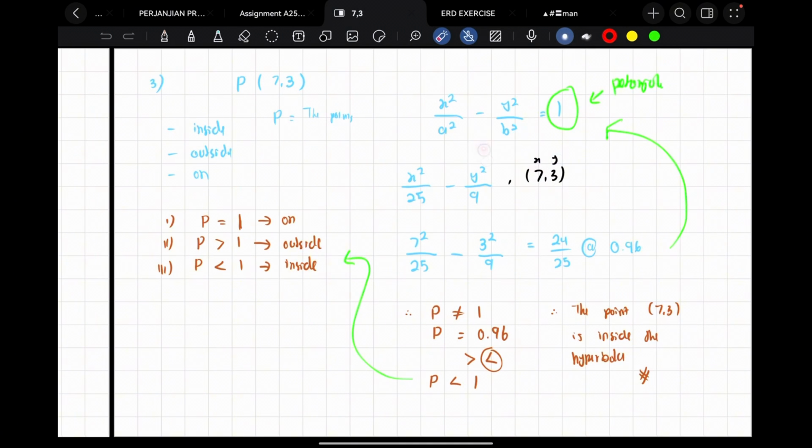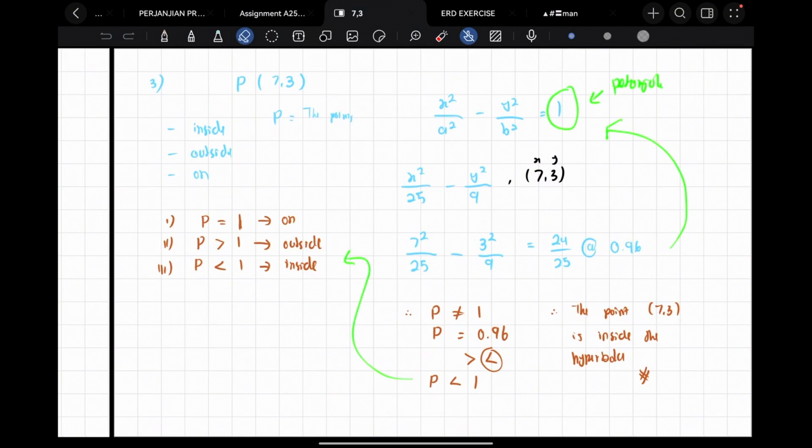We substitute into the equation and get 7 squared divided by 25 minus 3 squared divided by 9. So we get 24 divided by 25, which in decimal is 0.96. So we get 0.96 for the point.